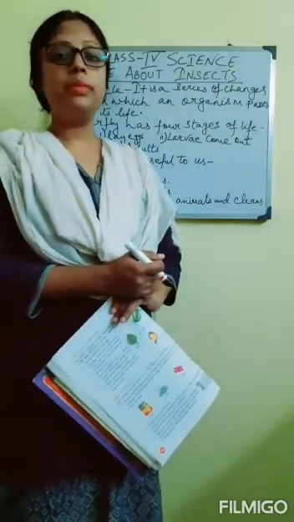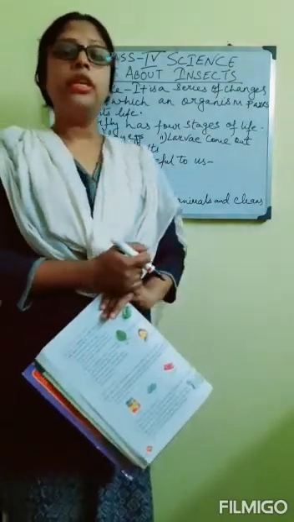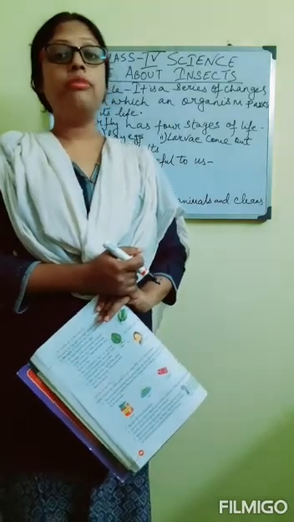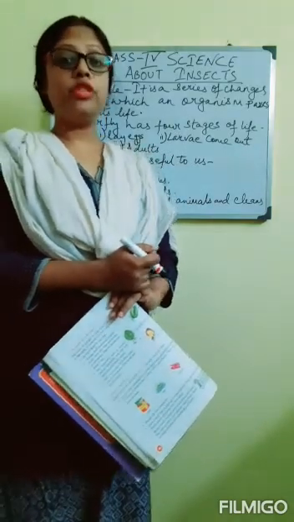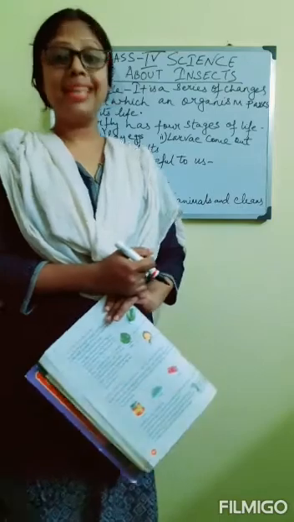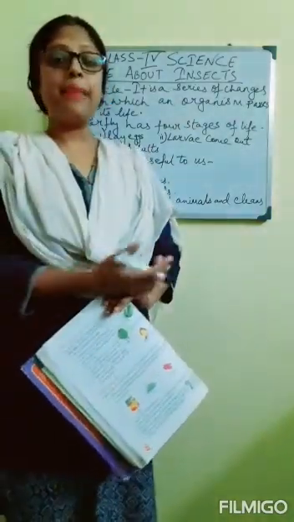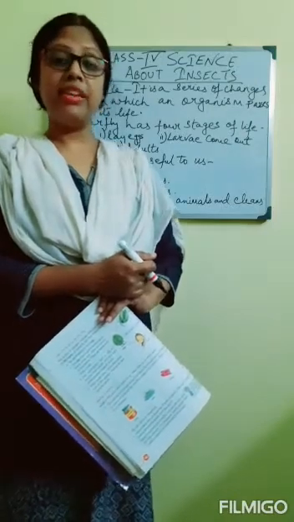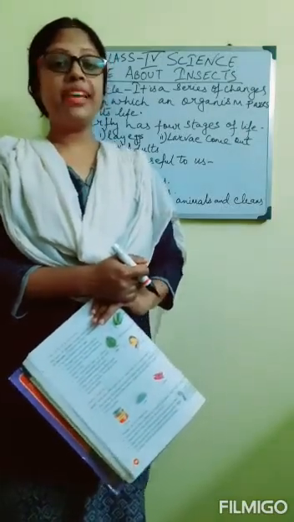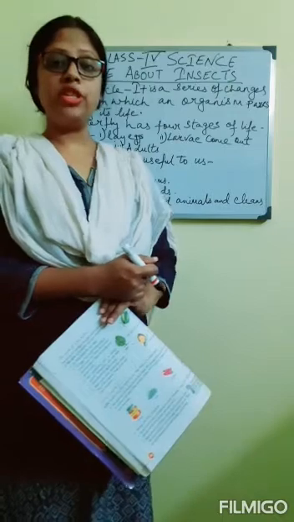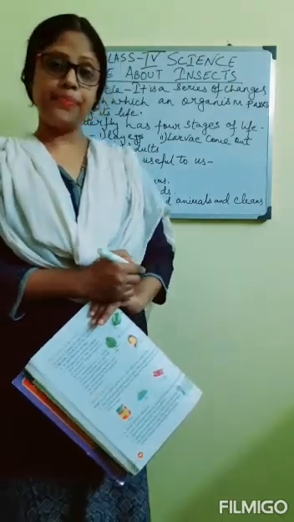This will help prevent your clothes or your wooden things from getting damaged by the insects. Insects like termites damage your wooden things, so neem leaves will prevent them from damaging your things.